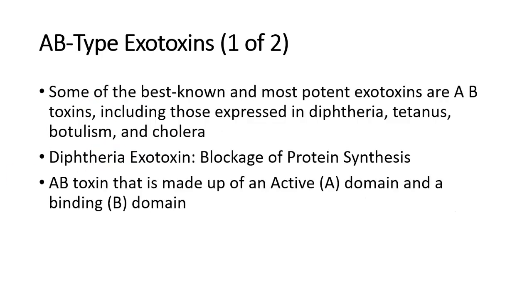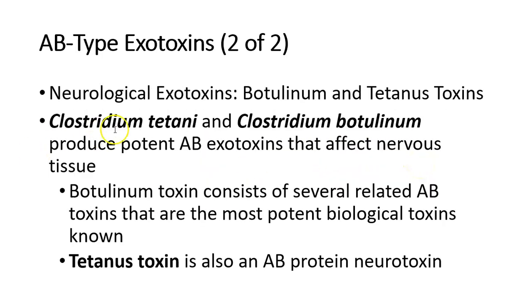So neurological toxins, we looked at some of these. Some of these exotoxins, again, can block protein synthesis. You can have neurological exotoxins like botulism and tetanus toxins. Clostridium tetani, which causes tetanus, Clostridium botulinum. It produces very potent AB exotoxins that, again, are neurological toxins.